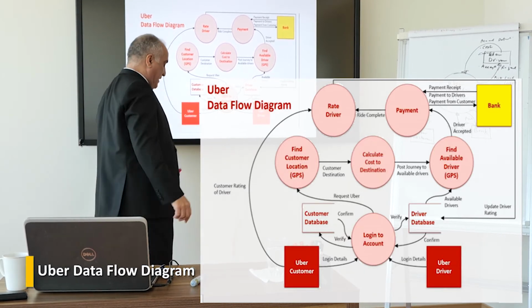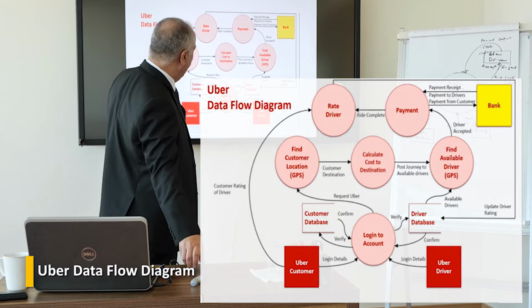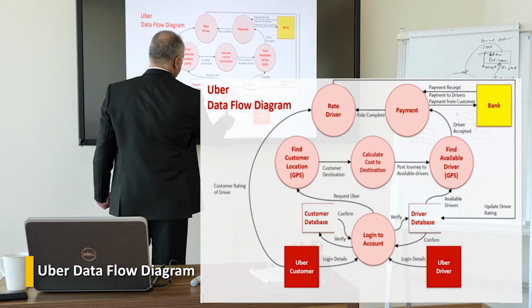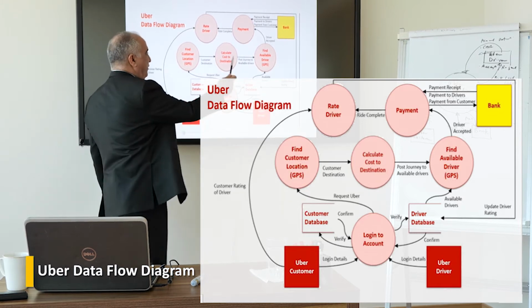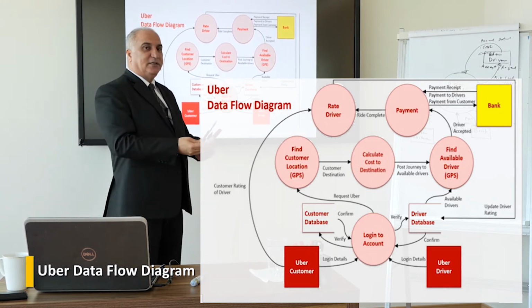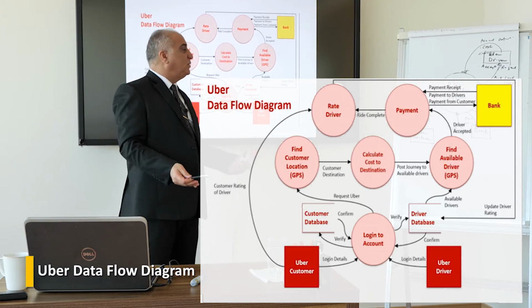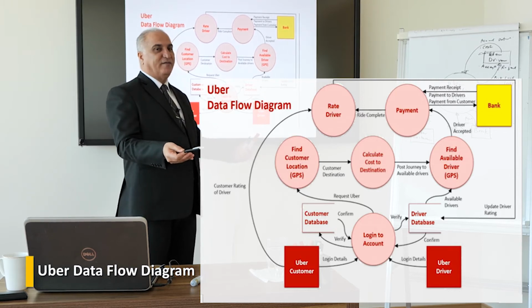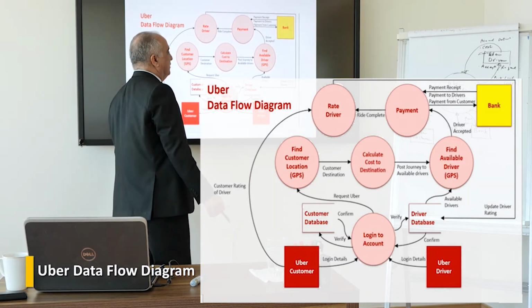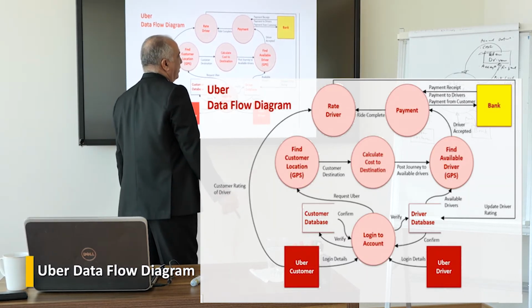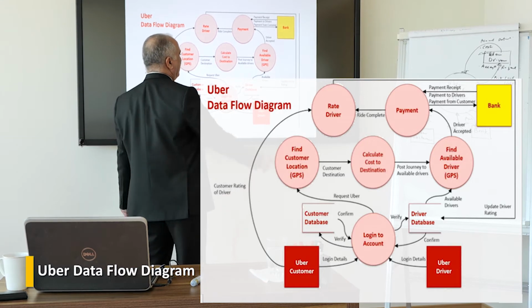Now, let's see how many processes we have. The first process is called the login process. The second process is finding the customer location. Third is calculating the destination, and upon that we know which drivers are closer to the requested destination and the current location of the customer.